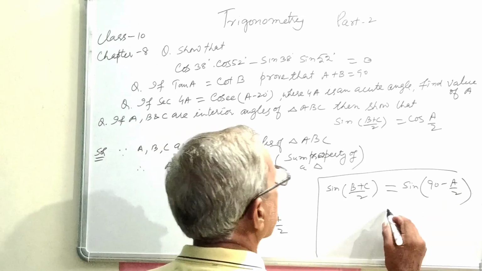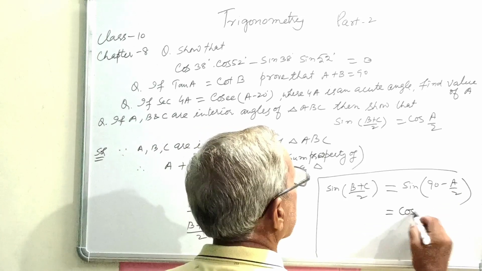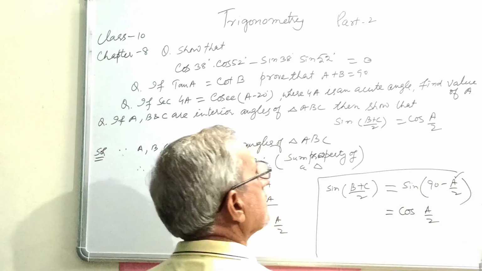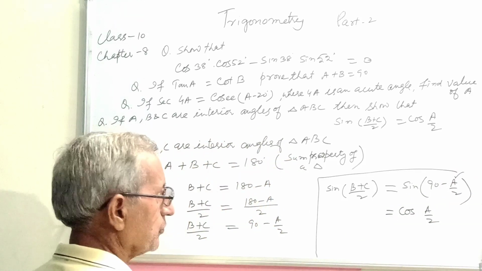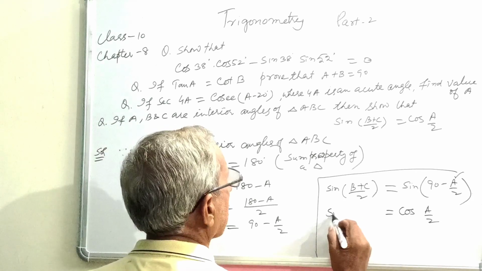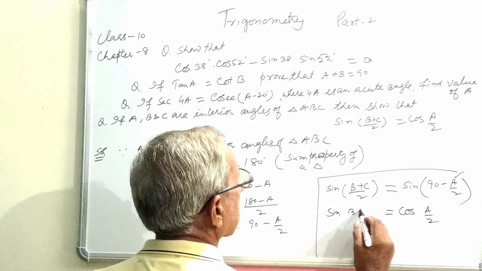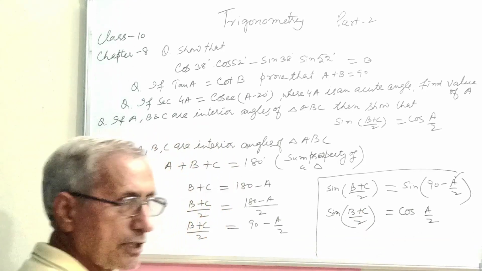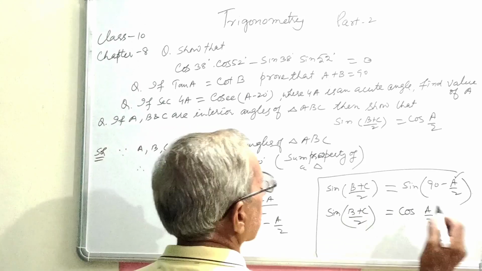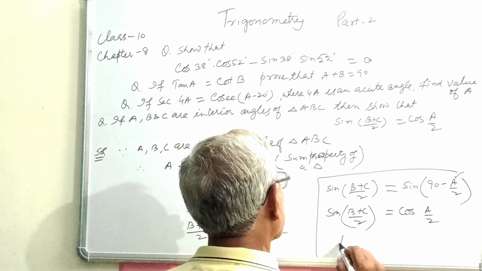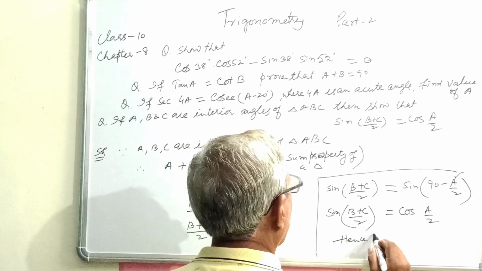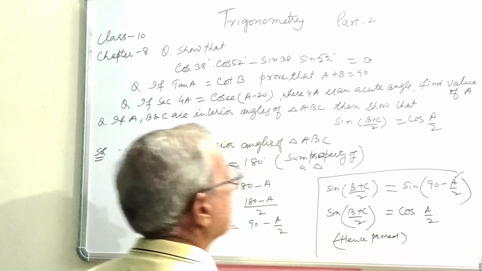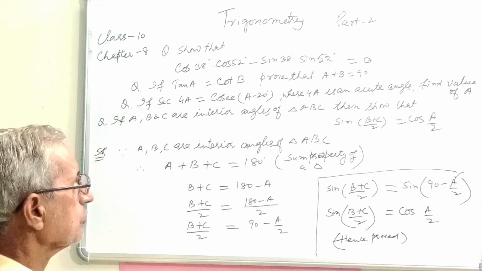So this will be equal to cos A upon 2, because theta was A upon 2. So therefore sin B plus C upon 2 will be cos A upon 2. That was to be proved. So hence proved. So that was the answer for you to be proved.